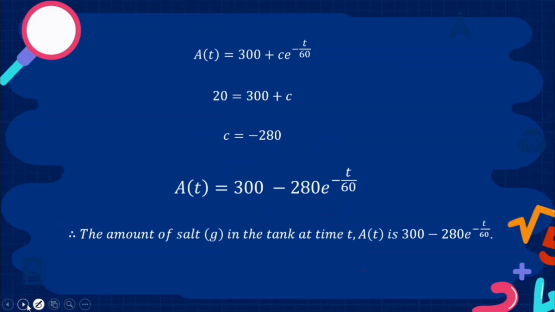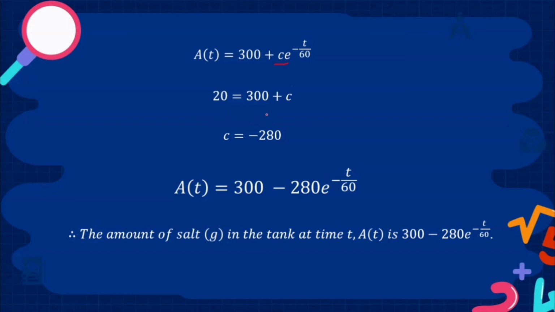In the next slide, this is how it goes. I have rearranged the equation, and this is the result. But this is not the final answer, because we have to find the value of c, which is very simple.